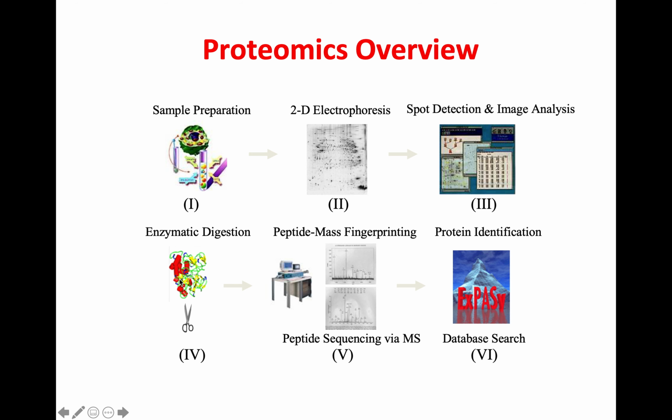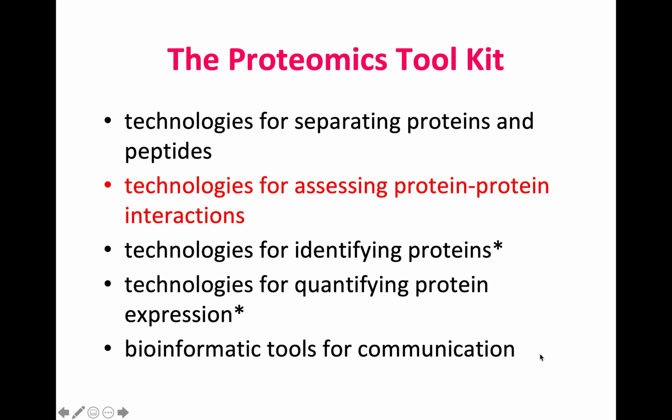This is done to cleave your big protein into smaller pieces, into peptides, so that the peptides could be detected and you could fingerprint it. So what we call PMF, not PMS, peptide mass fingerprinting. This is done via sequencing, via mass spectrometry, and then of course you can do your database search.